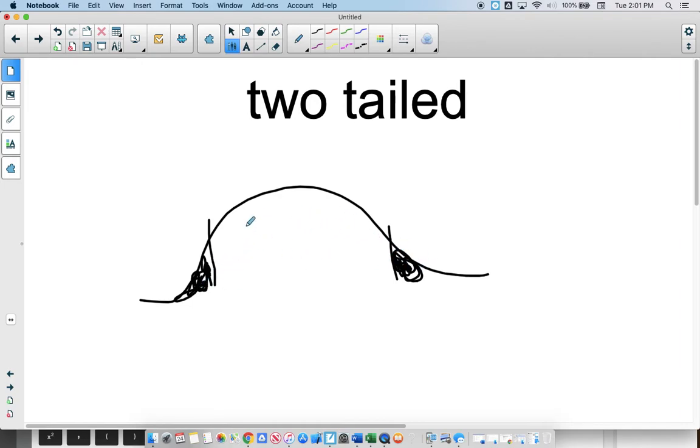But when we use this inverse norm, it has it in this area. So we don't want this to be 0.05. So we want to take 1 minus 0.05 to be this area. That's why we used what we did on our calculator.